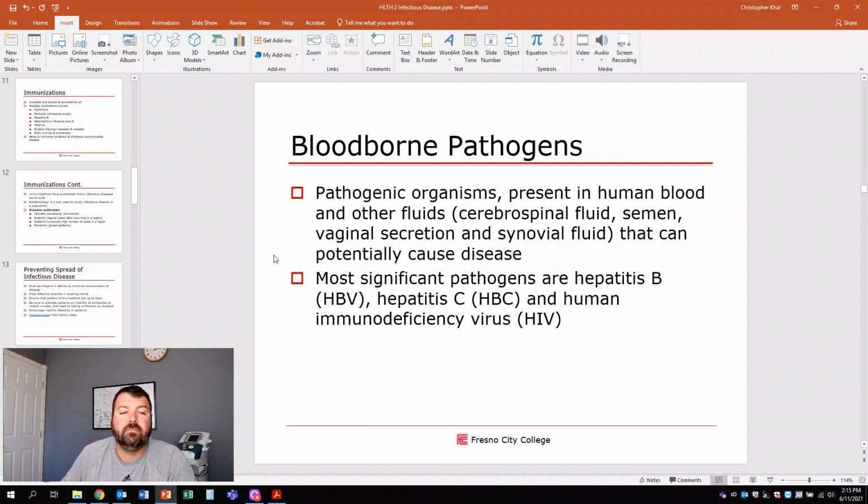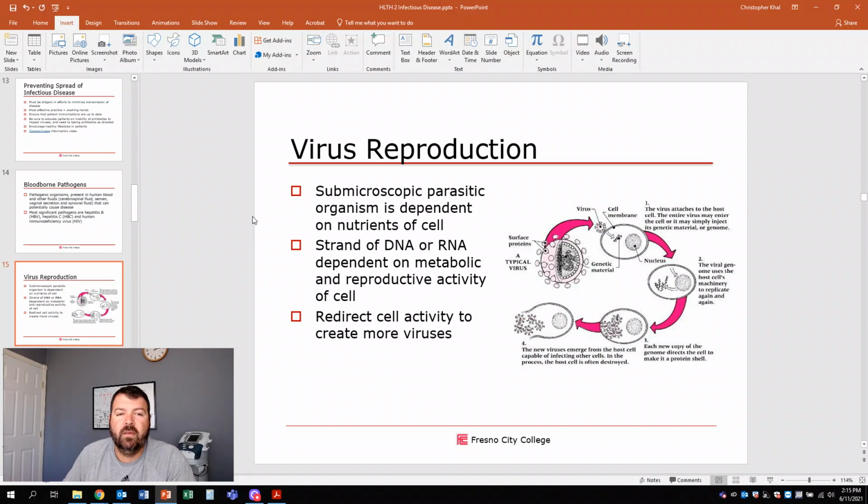Okay, so virus reproduction. The virus enters the cell. The virus invades the host cell and replaces it with its genetic information.